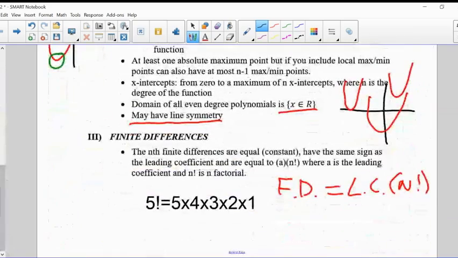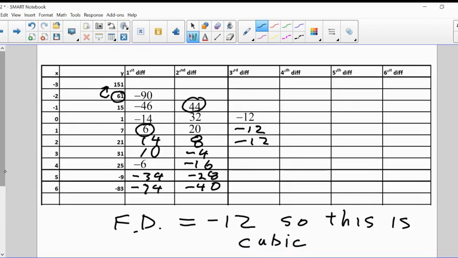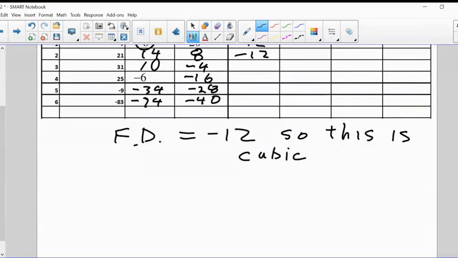It says that the FD, this minus 12 that we're getting, is equal to the LC, and LC stands for the lead coefficient, times n factorial. So n refers to the degree of the function. It means that we can get the lead coefficient for this particular function.